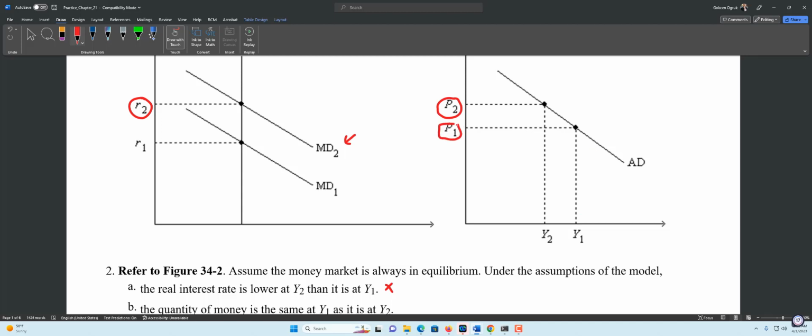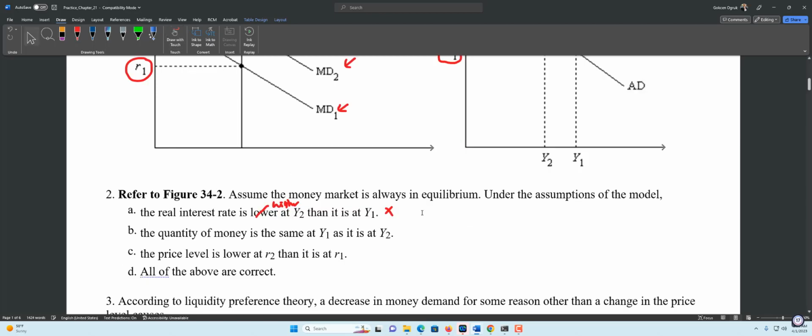And people do not demand as much money as they demand when the prices are P2. Therefore, we are here. And the intersection of the money demand and money supply curves shows that we are at interest rate R1. So the real interest rate is actually higher at Y2 than it is at Y1. The quantity of money is the same at Y1 as it is at Y2.